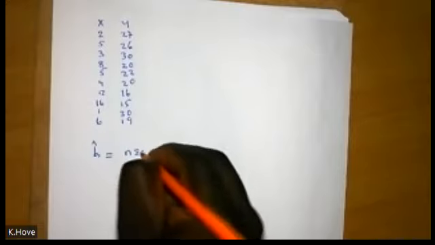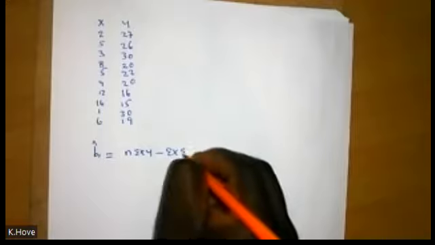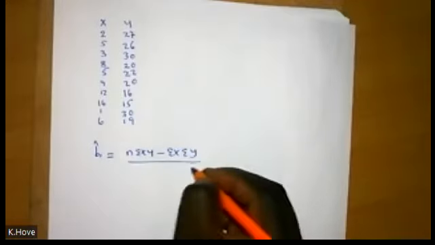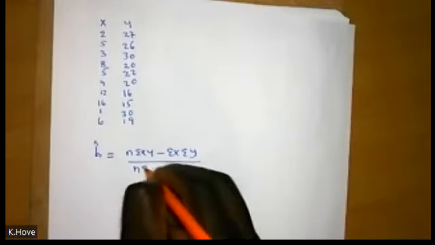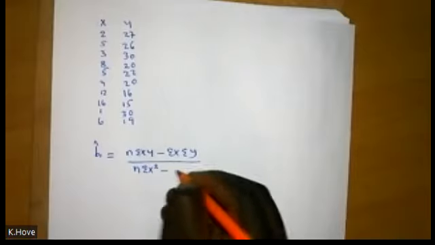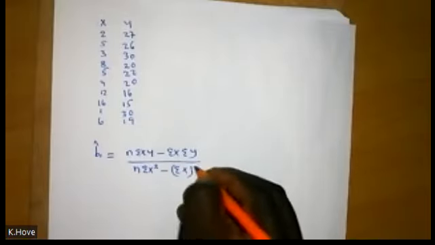But what is our formula for beta 1 hat? It is equal to n, the summation of x y minus summation of x, summation of y, divided by n summation of x squared minus summation of x, all this squared. Like I said, this formula you are provided. But from this table, we need to construct that formula.